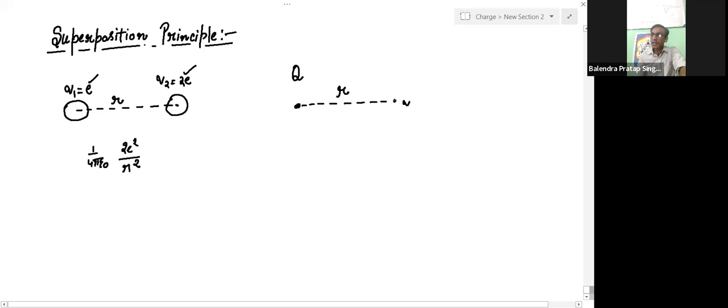So what will be the electric field due to a point charge? This point charge is capital Q. Can you tell me what is the electric field due to this point charge, capital Q?